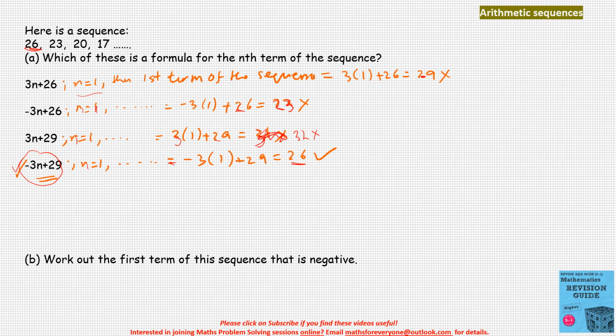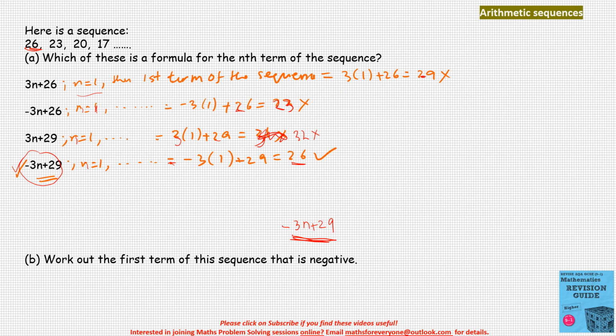The next question is saying, work out the first term of the sequence that is negative. Now the term we got is minus 3n plus 29. This is the nth term of the sequence. So what do I multiply 3 with, or what n do I put to get the first negative number?